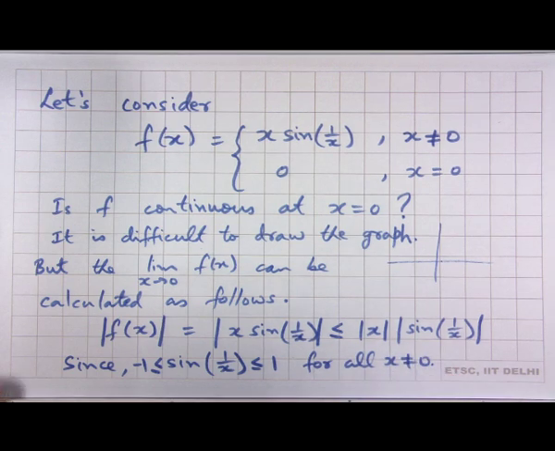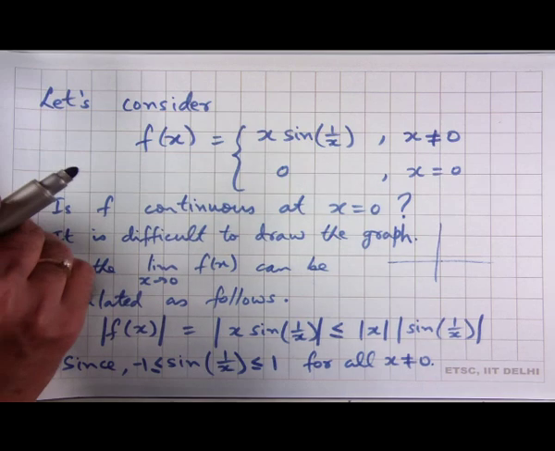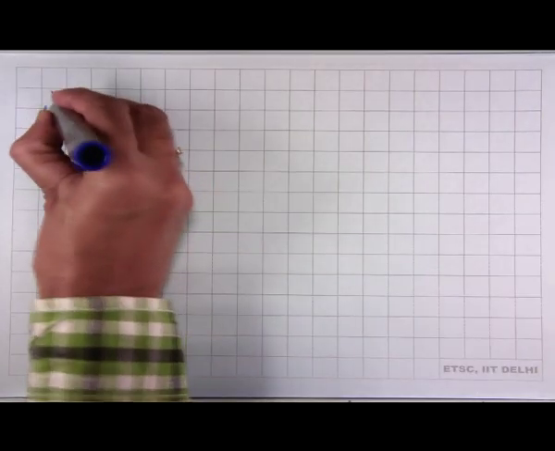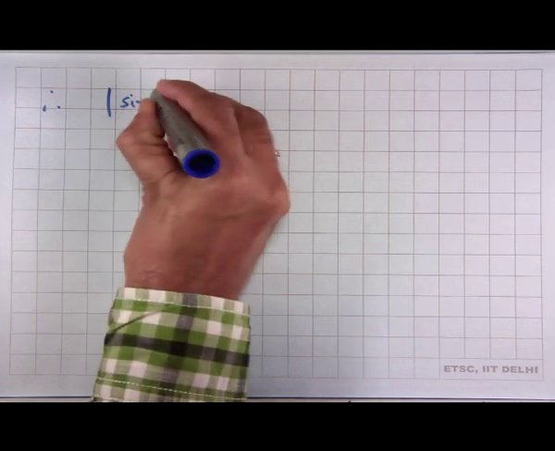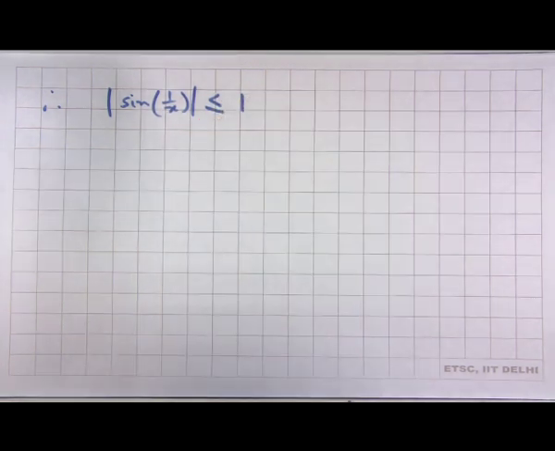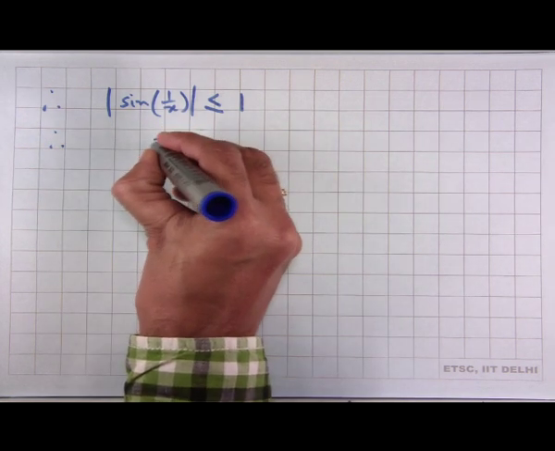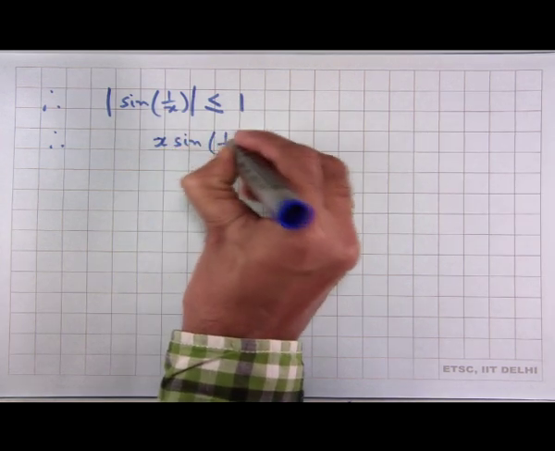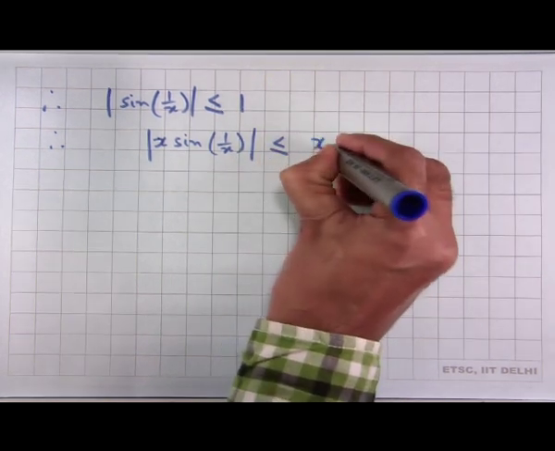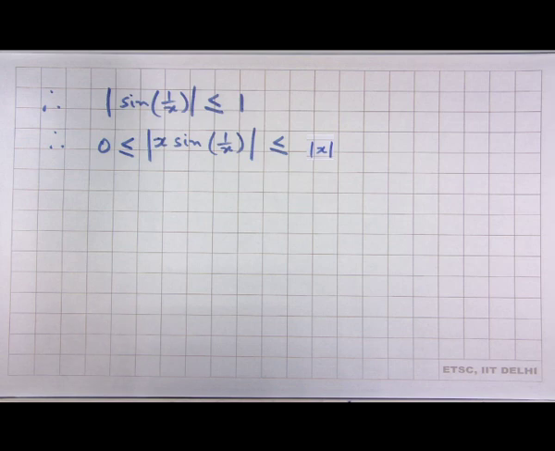Of course, for x equal to 0, sine 1 by x is not defined, but for any x not equal to 0, we know that sine of y is always between minus 1 and 1. Therefore, mod sine 1 by x is less than or equal to 1. Therefore, mod of x sine 1 by x is less than or equal to mod x, and of course, because we are taking the absolute value, it is greater than or equal to 0.